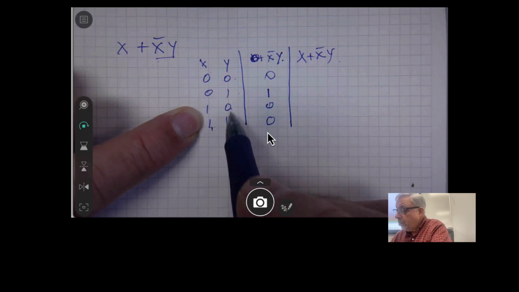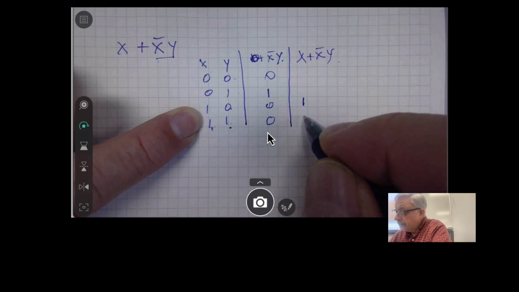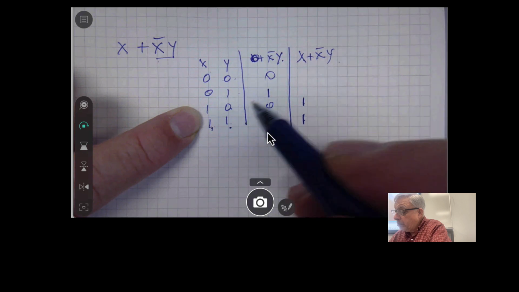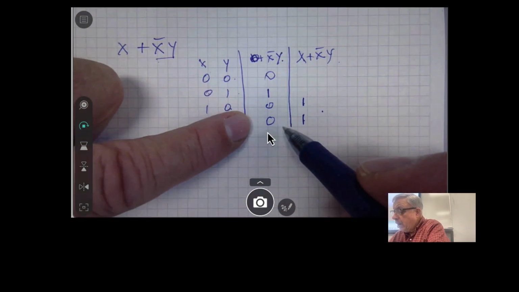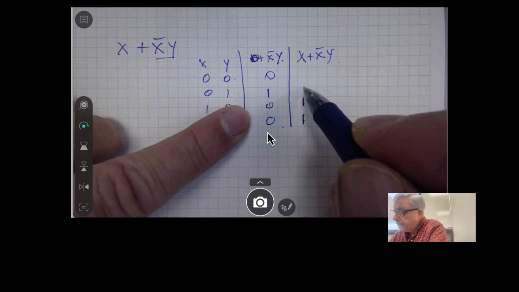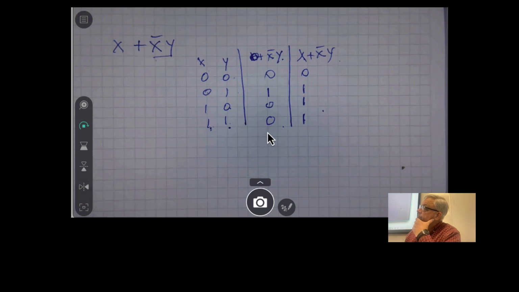I don't care what y is. If x is a 1, then I'm going to get an output. X not y only has an output here, and that becomes the table I draw.